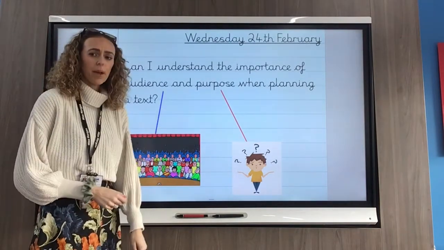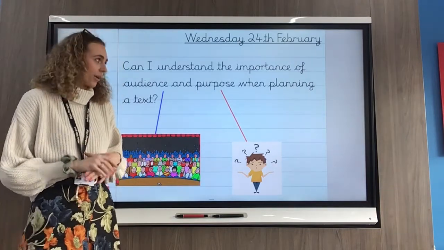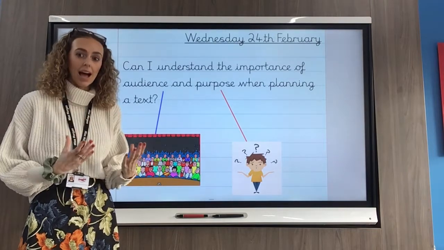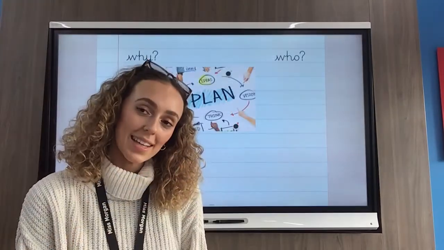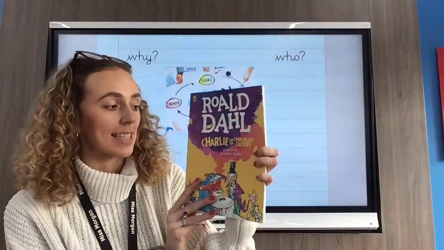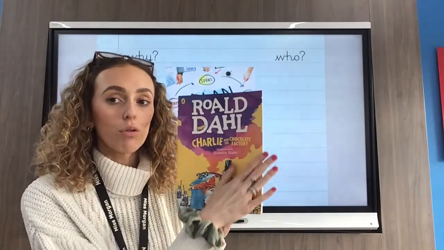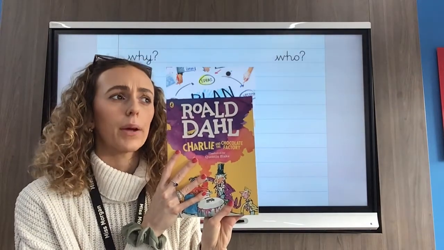And then purpose. Everything has a purpose in life, doesn't it? Okay? So, big thing about purpose is why, okay? Why do we do something? When an author writes a text, so let's take Roald Dahl for example. Roald Dahl is the author of Charlie and the Chocolate Factory. When Roald Dahl had written this book, he had to plan this book, okay?